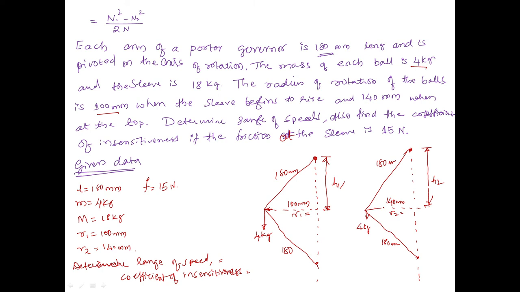So first let us find the height of the governor, H1, at R1 equal to 100 mm.